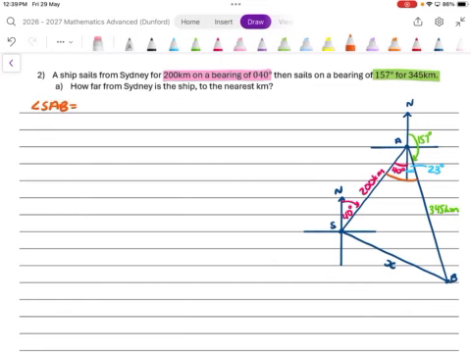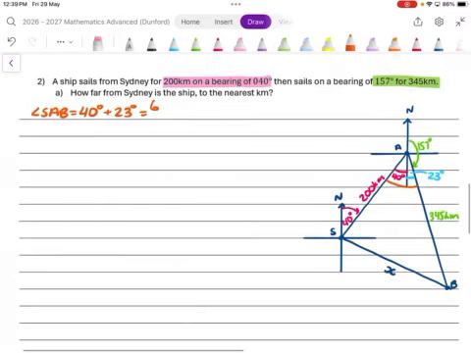Angle SAB is going to equal our 40 degrees plus our 23 degrees to get the total angle of 63 degrees. Okay. Now, what we're doing here is we're going to be looking in our triangle SAB.